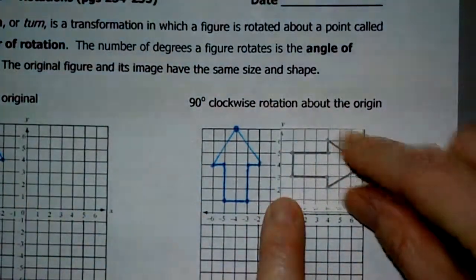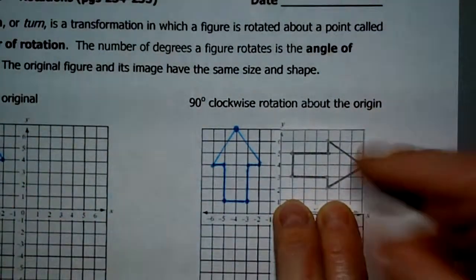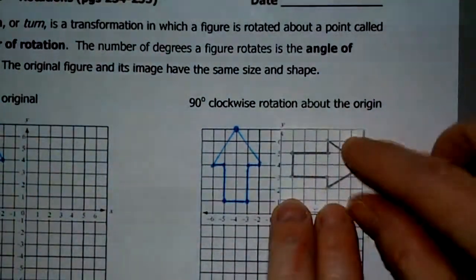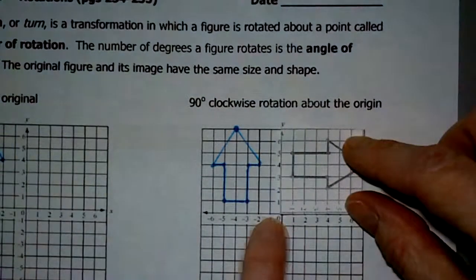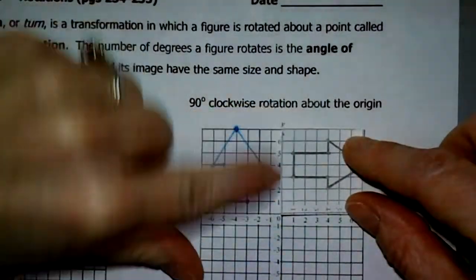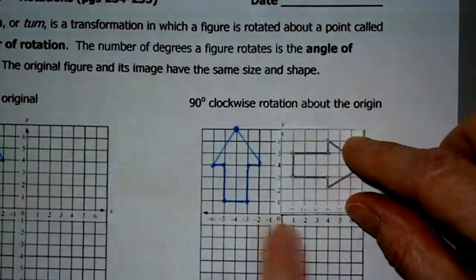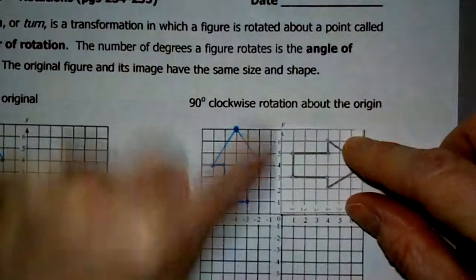So in looking at this, what would be a good strategy to be able to draw this picture if you couldn't cut it out? Well, if I know that I'm moving 90 degrees and this is now that, then I'm just going to try to draw this picture where my x-axis is now my y.